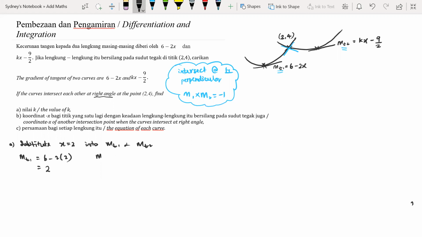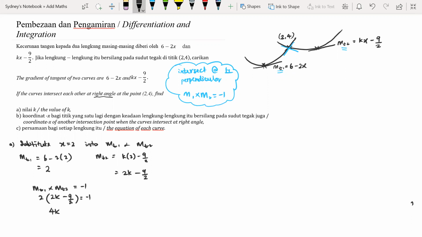Whereas MT2 will be k times 2 minus 9 over 2, so we have 2k minus 9 over 2. With that, put them in MT1 times MT2 equals -1. So 2 times 2k minus 9 over 2 equals -1.